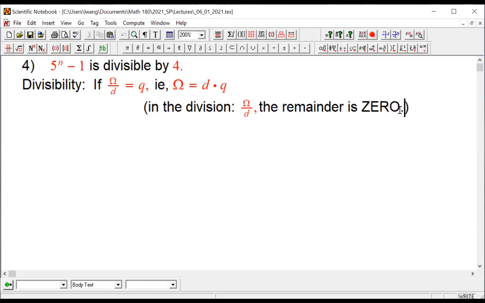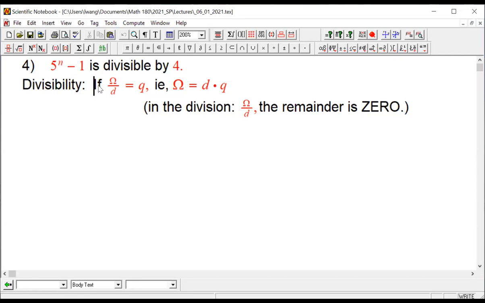You don't say the remainder doesn't exist. That's not the right word to use. The remainder is 0, such as in the case of 6 divided by 2, 6 divided by 3, 12 divided by 3, 20 divided by 4, and so on and so forth. So these are the examples of divisibility.